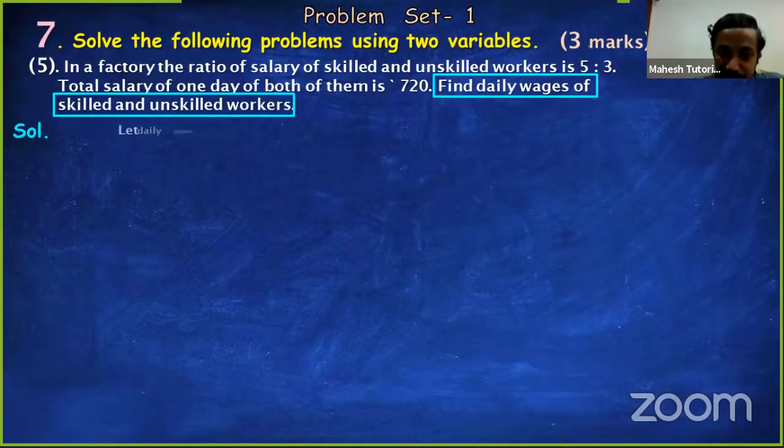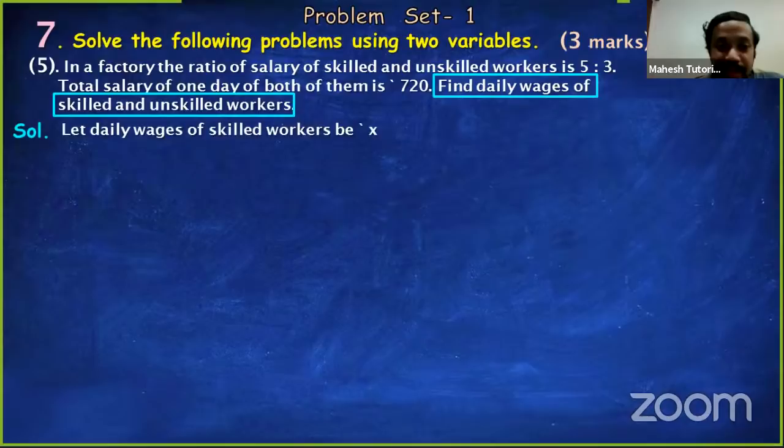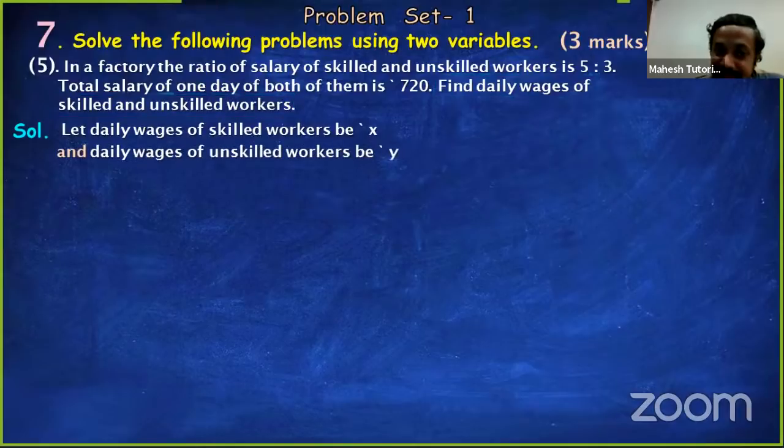So in the first assumption statement, I'll assume let the daily wages of skilled workers be rupees x and the daily wages of unskilled workers be rupees y. So as per my assumption, students, the daily wages of skilled workers is rupees x and the daily wages of unskilled workers is rupees y.